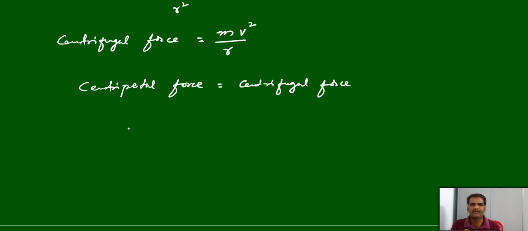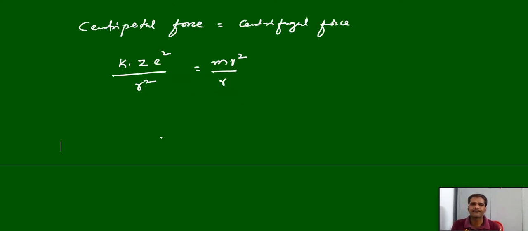What is the centripetal force? That is k Ze square by r square, which is equal to the centrifugal force, mv square by r. Both are equal. Then only the electron can be stable, otherwise it can move here and there.